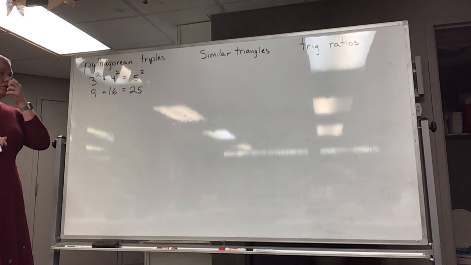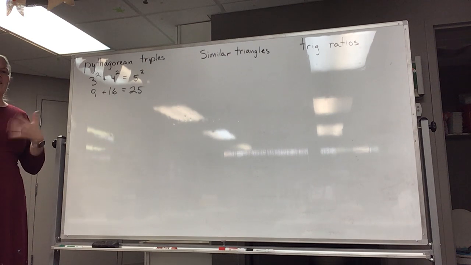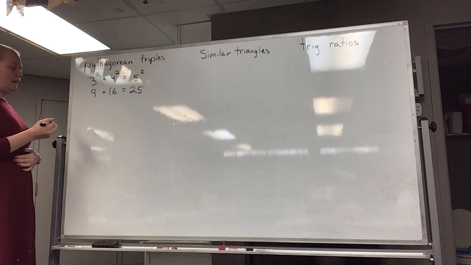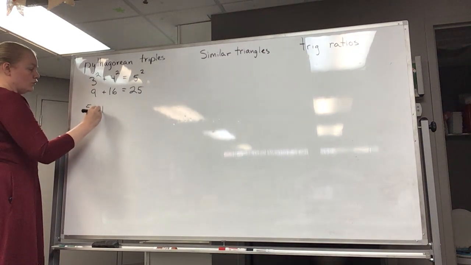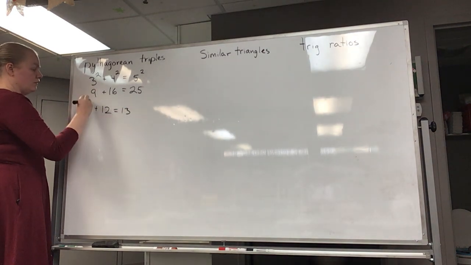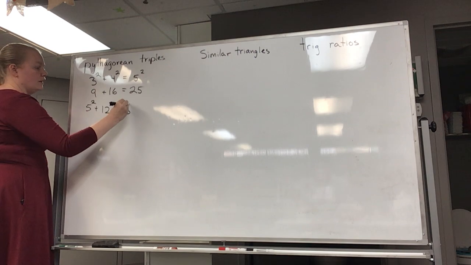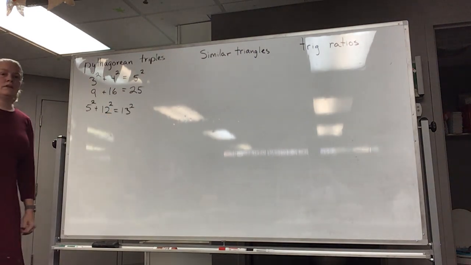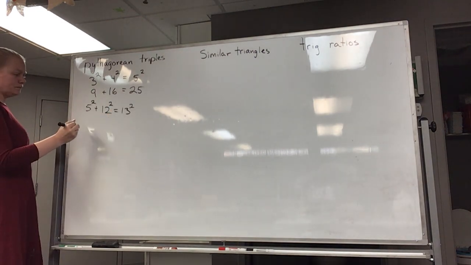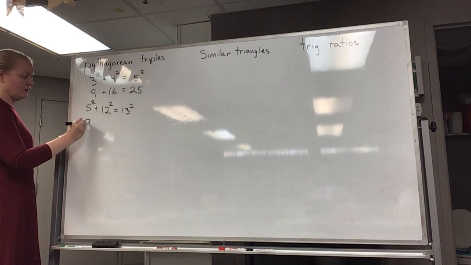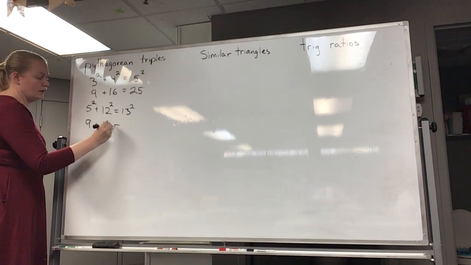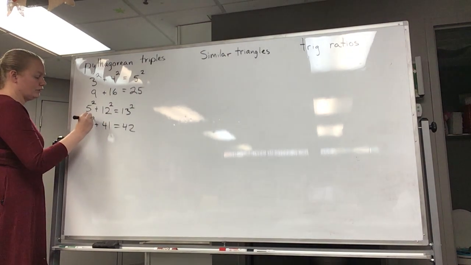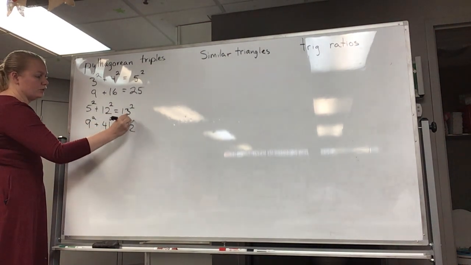Other ones that do show up but aren't as memorable is 5, 12, and 13. 5 squared plus 12 squared is equal to 13 squared. And there's 9, 41, and 42. 9 squared plus 41 squared equals 42 squared.